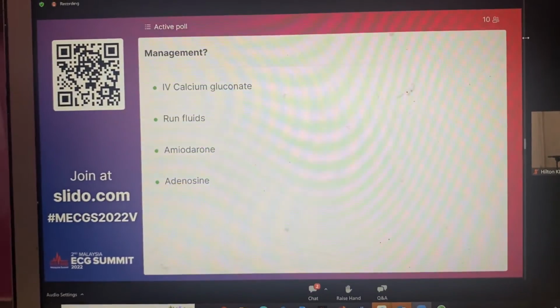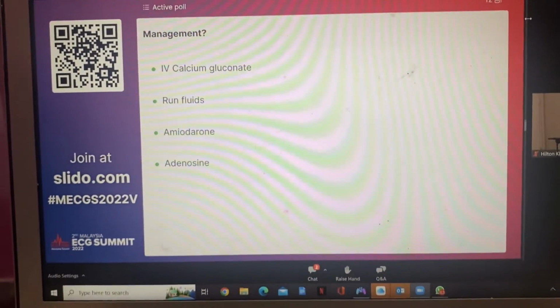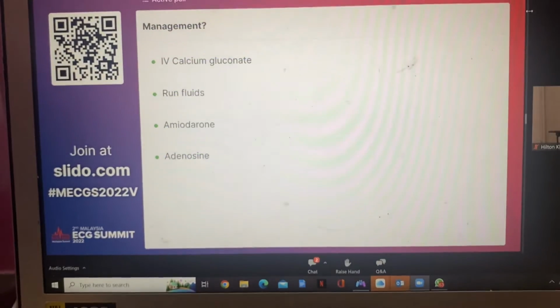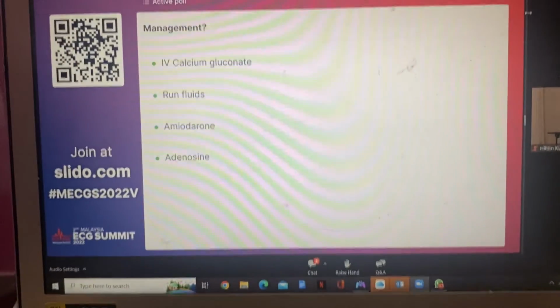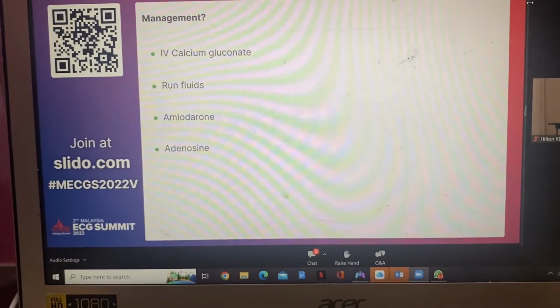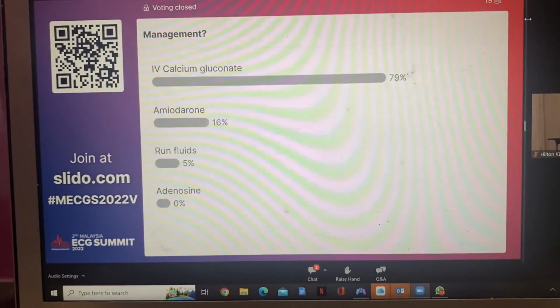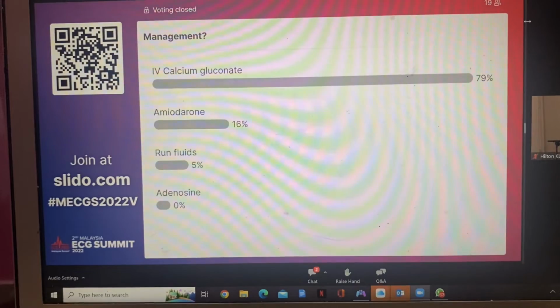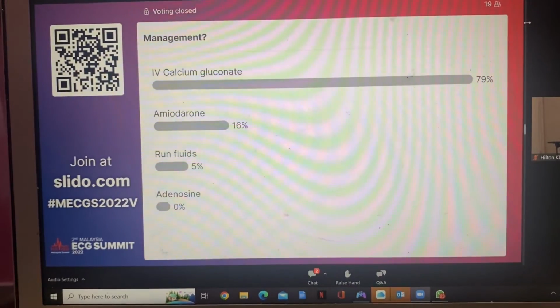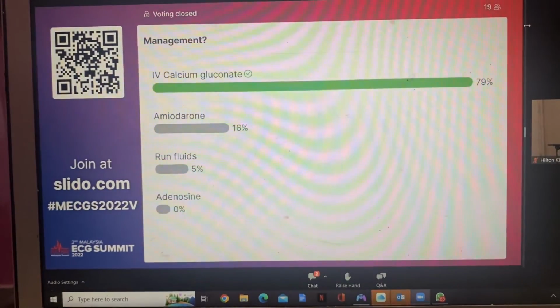How do you manage this patient? Calcium. There's something quite peculiar about the QRS of this patient. Oh, okay, you are really an excellent crowd. So IV calcium gluconate is the answer.